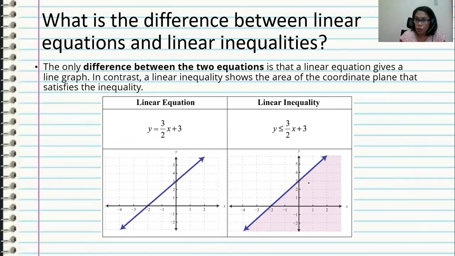The area is the shaded region. So the solution for a linear inequality consists of a set of points, while the solution for a linear equation is just a line.